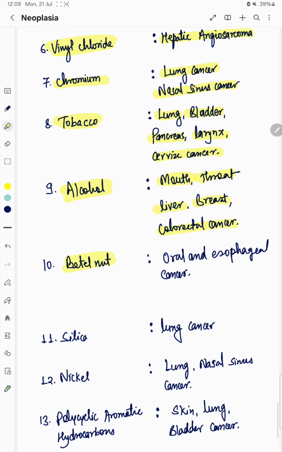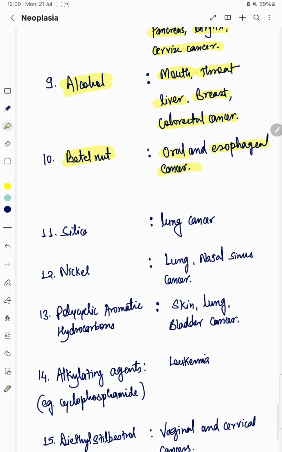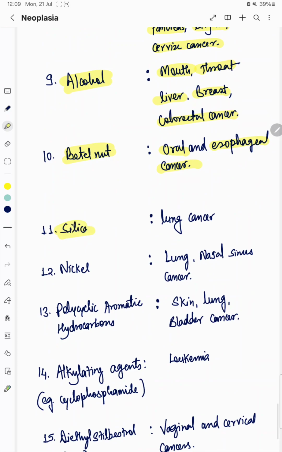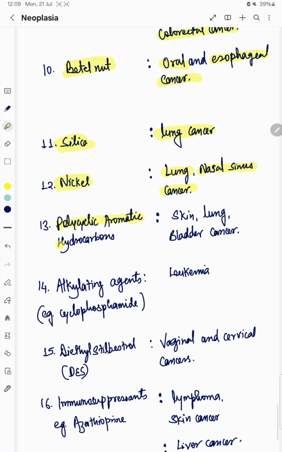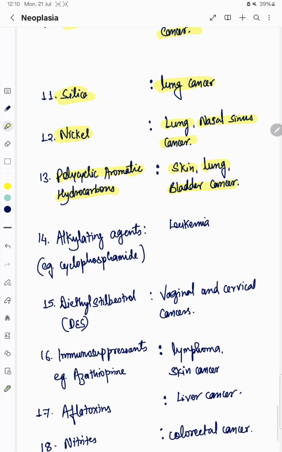Betel nut consumption may result in oral and esophageal cancer. Exposure to silica may result in lung cancer. Exposure to nickel may result in lung and nasal sinus cancer. Polycyclic aromatic hydrocarbon exposure may result in skin, lung and bladder cancer.